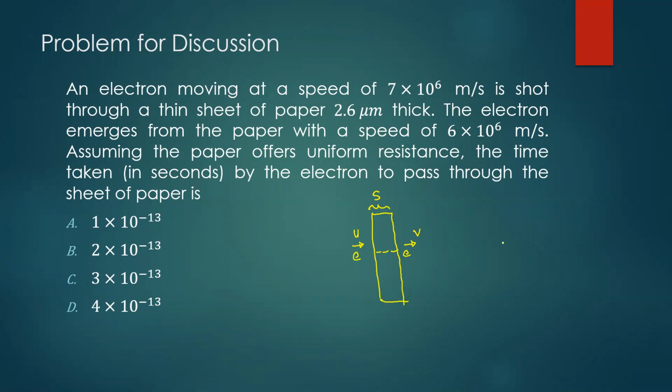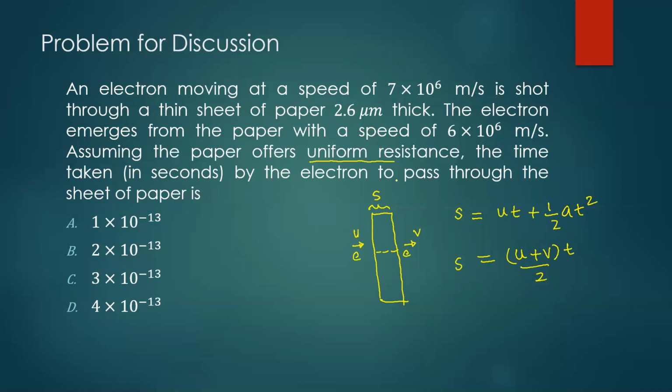Here we can just use one of the kinematic equations because the problem says uniform resistance, so that means the acceleration is uniform, but acceleration is not given. We know S is equal to ut plus half a t square, but I can write it a little differently. I can take the average of the initial and final velocities into time taken. So then we are done here.